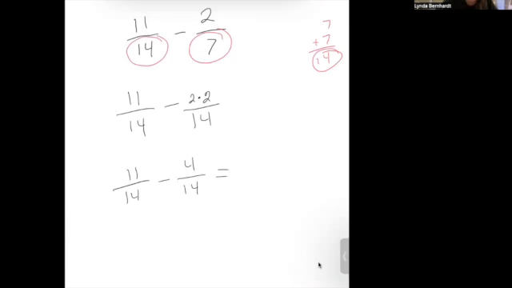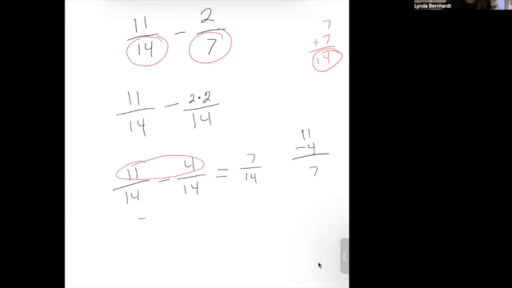And now you just have to subtract this part. So now 11 minus 4, well, I count up. I say 4, 5, 6, 7, 8, 9, 10, 11. That's 7. So that means this would be 7 over 14. Isn't that interesting?